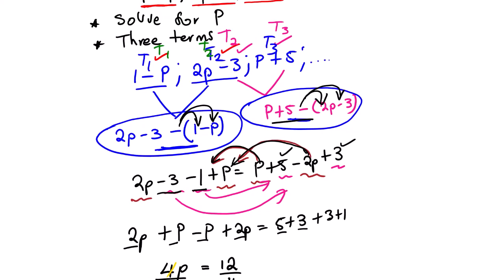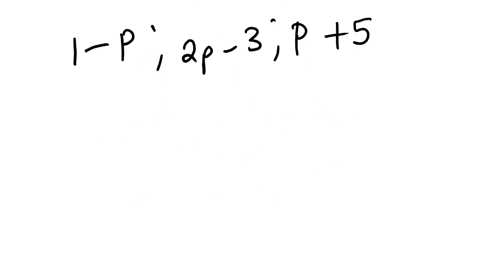Now from here, the question says determine the first 3 terms. So this is the given arithmetic pattern, and we found the value of p equal to 3. So term number 1 is equal to 1.